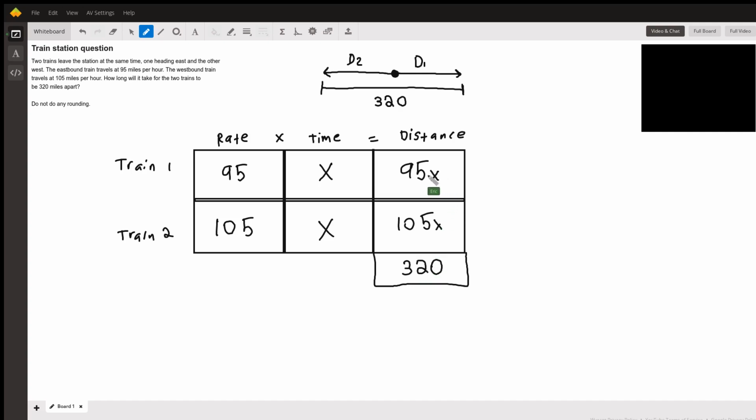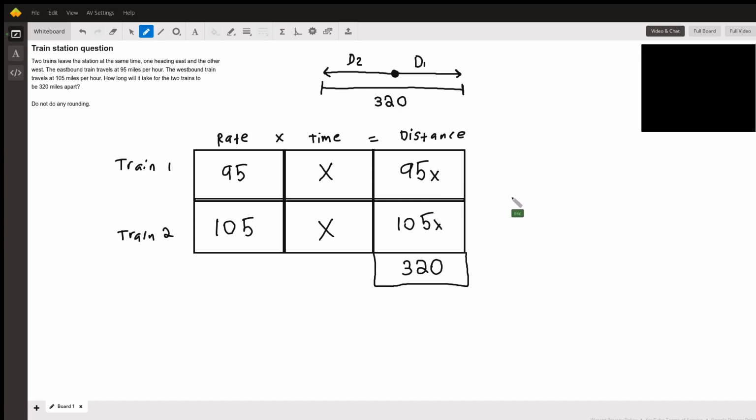So it should make sense that the distance our eastbound train traveled plus the distance our westbound train traveled should equal 320. So we can write this as 95x plus 105x equals 320.